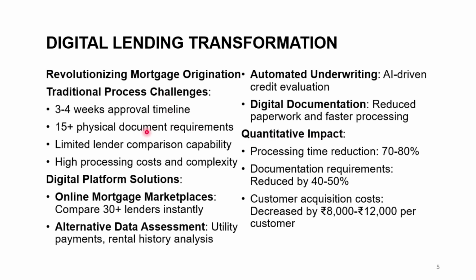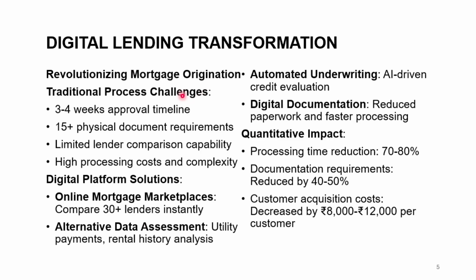Consider the traditional challenges: approval timeline of 3 to 4 weeks, requirements for 15 or more physical documents, limited liability, limited ability to compare lenders effectively, and then high processing cost and complexity. So you see that traditional process challenges were many.